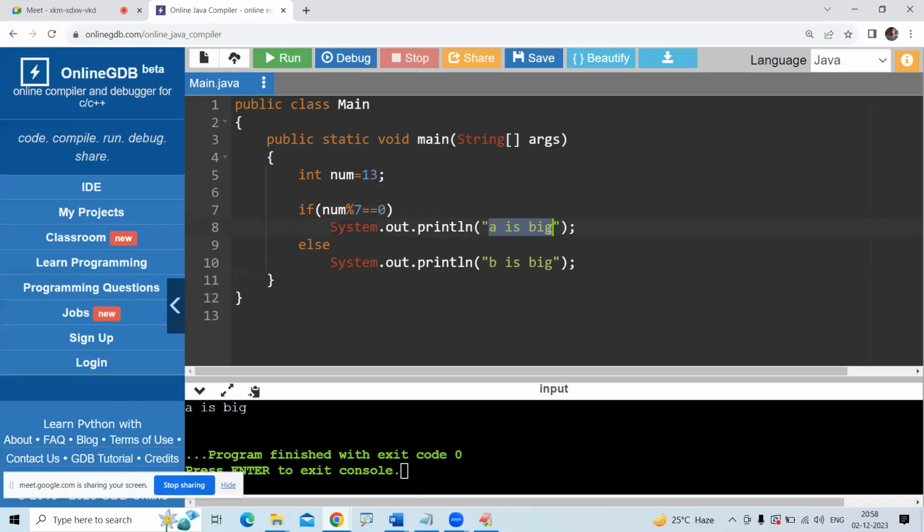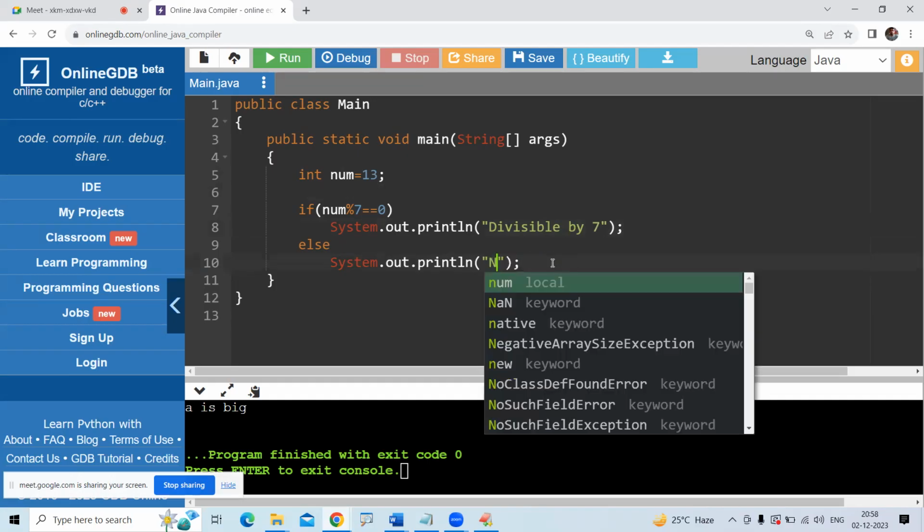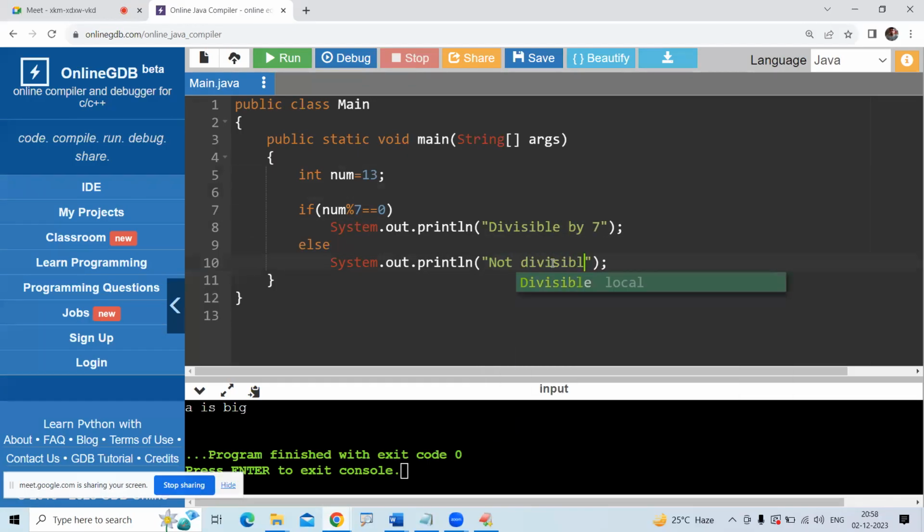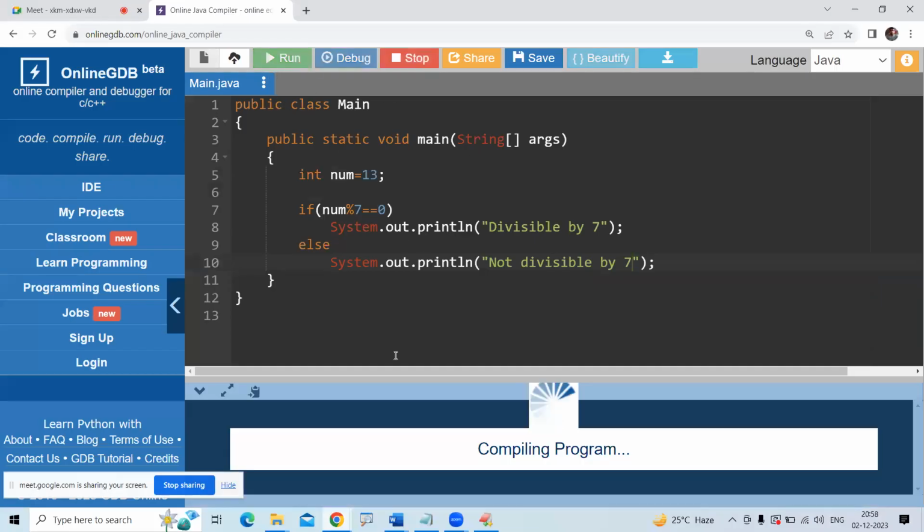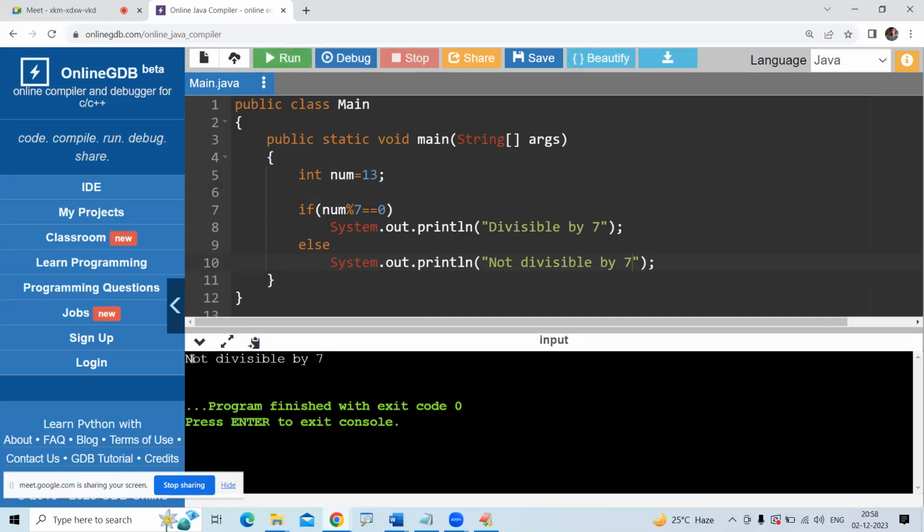Given number is divisible by 7, else given number is not divisible by 7. When you run it, not divisible by 7, because it is 13.